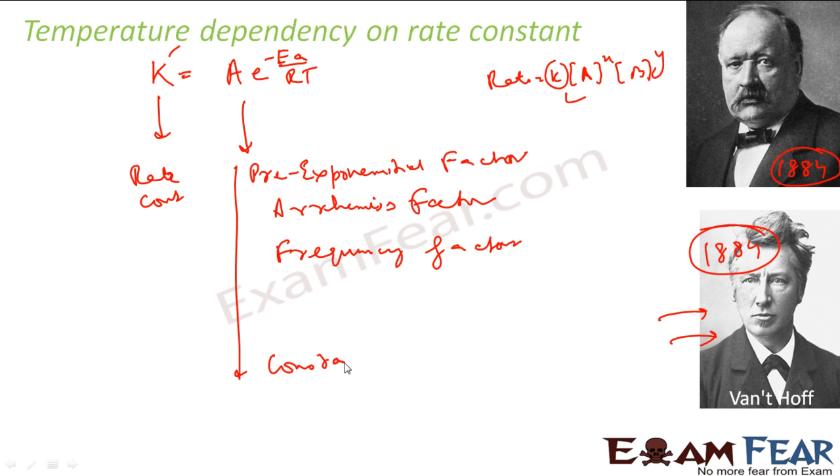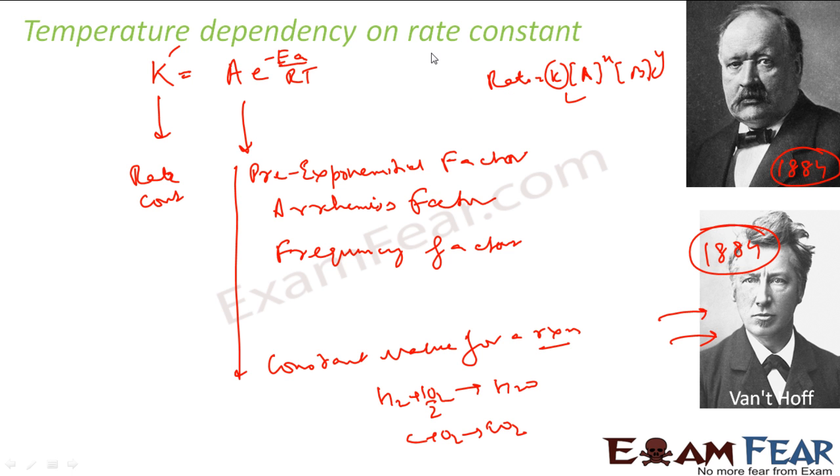A is a constant value for a given reaction. For example, H2 plus O2 gives water, this will have a constant value of A. Any other reaction, C plus O2 gives CO2, will have its own constant value of A. So A is specific to the reaction, right?